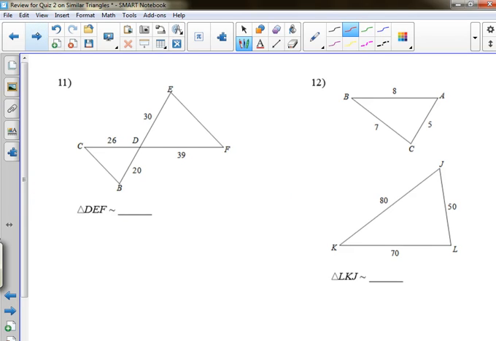All right, number 11. We have an angle that's congruent here, and then we need to check the sides. There are two sides on this blue triangle that I know: a side of 20 and a side of 26. I'm going to put the shorter one first. On the green triangle, on either side of this angle, we have a 30 and 39, but we have to put the smaller one under the smaller one and the bigger one, 39, under the bigger one.